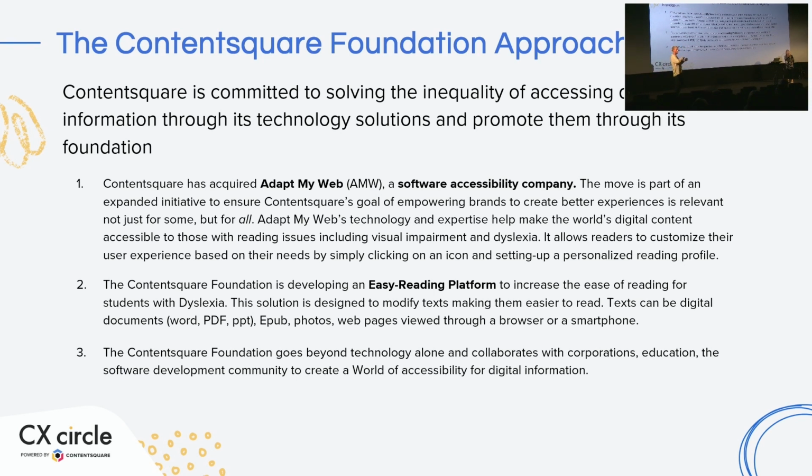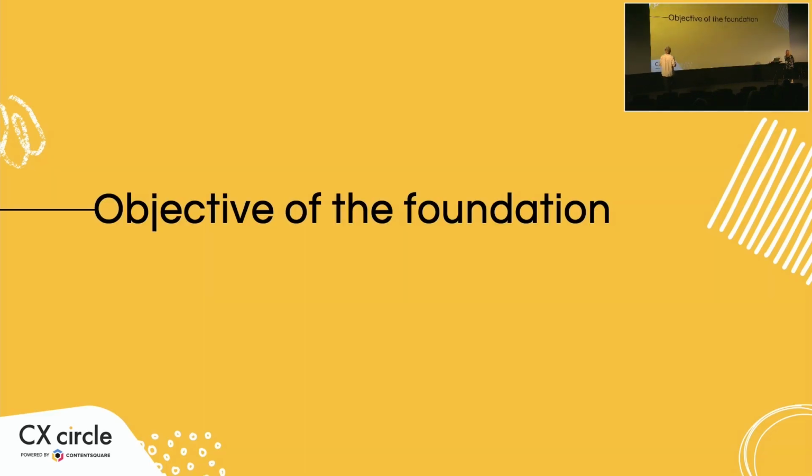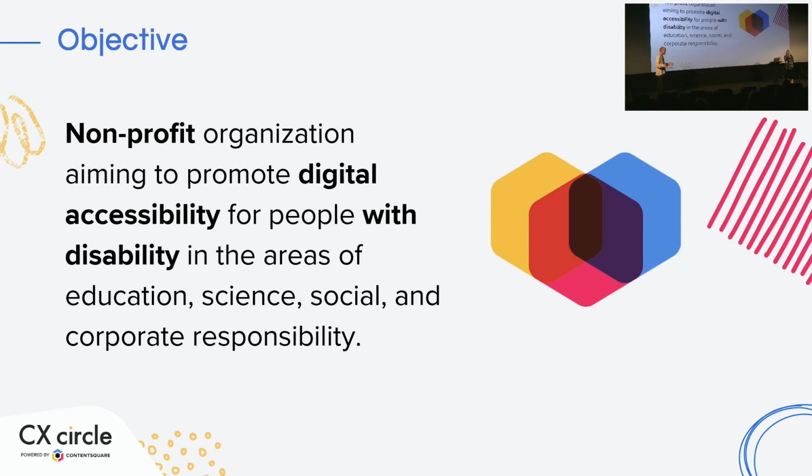As we mentioned before, 1 in 10 people have dyslexia, so that's the aim for that. We are a non-profit organization. Keep a lookout. We will be having an event soon, which I've been invited to speak at, with great pride, to promote digital accessibility for people with disability. And we want to target education, science, social, and corporate as well.